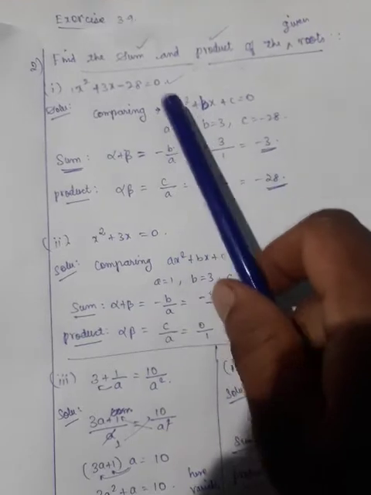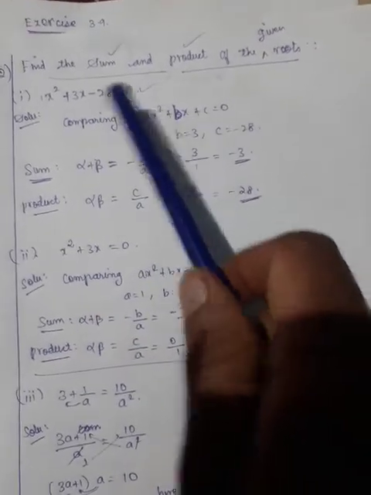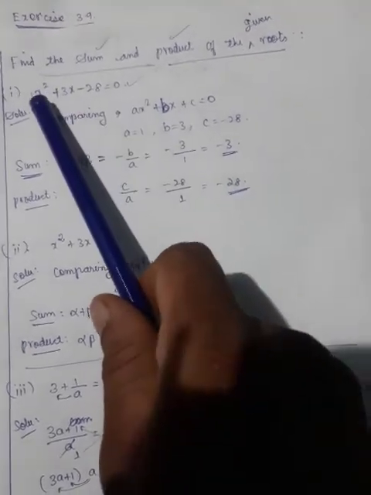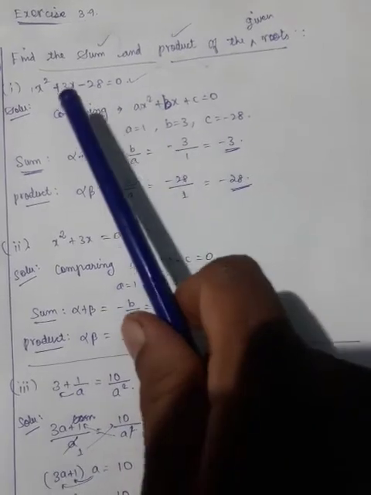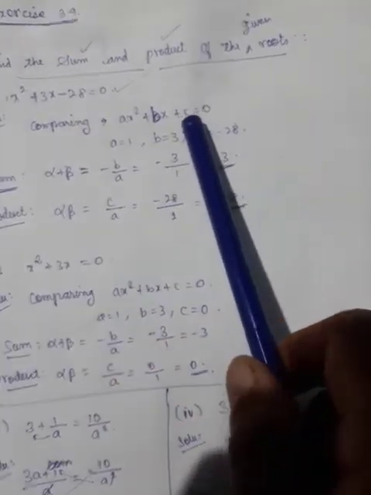So comparing with the given equation, this x square, a value 1. Comparing the x value, b value 3, c value minus 28.